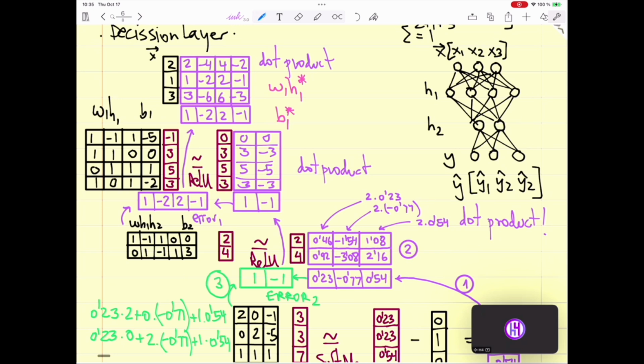I put the new weight matrix and the new bias that we have calculated.